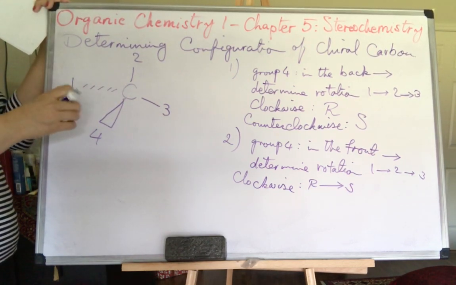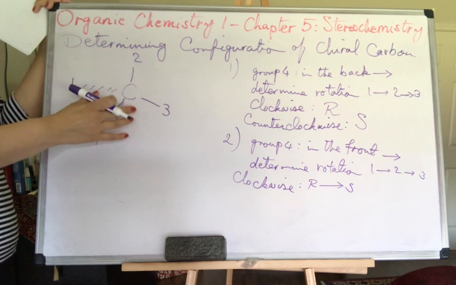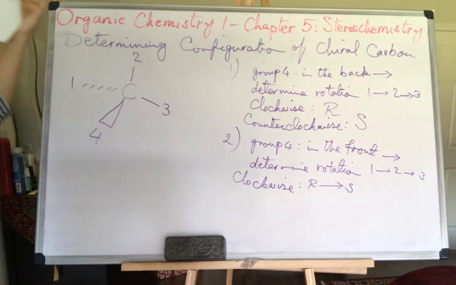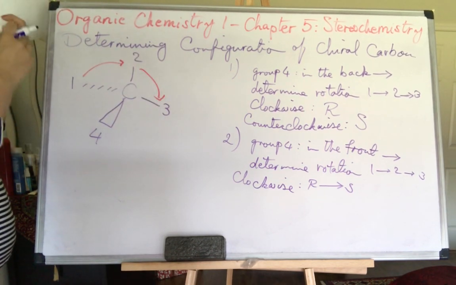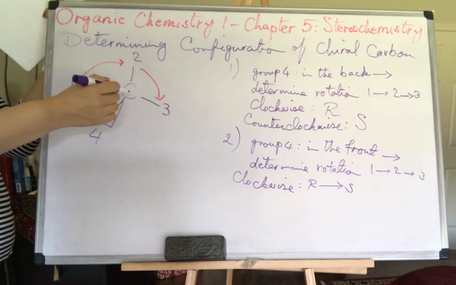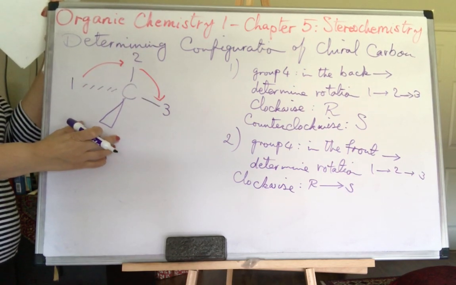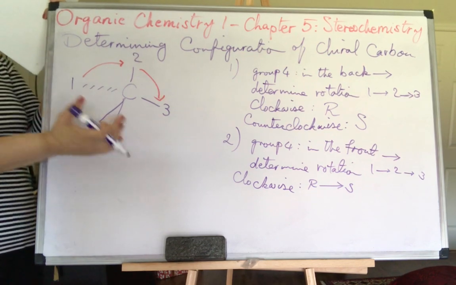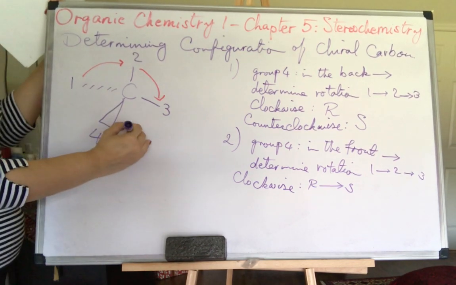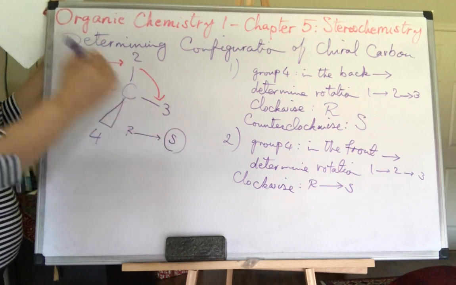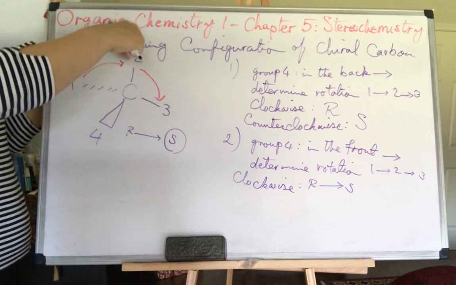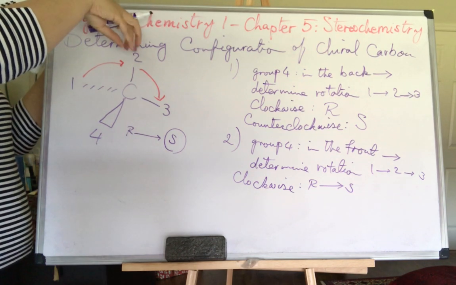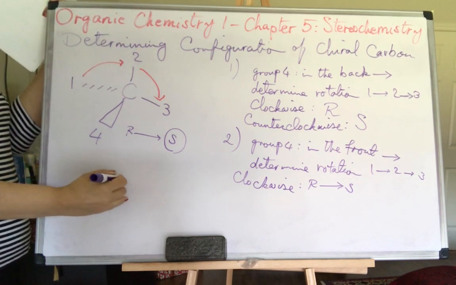If I keep it this way and determine the rotation from 1 to 2 to 3, it looks like R, but group number 4 is in the front. If you actually push it to the back, the rotation is going to be S. Let's push it to the back so you will see. If I hold 2 in my hand and push 4 to the back, what happens?